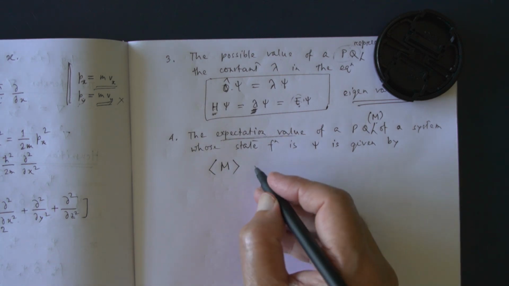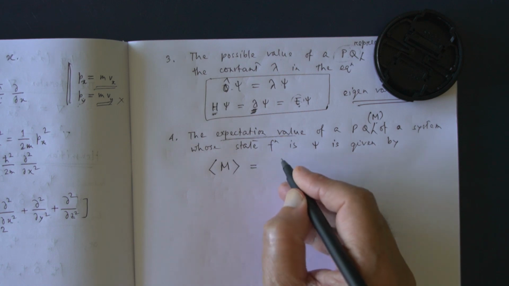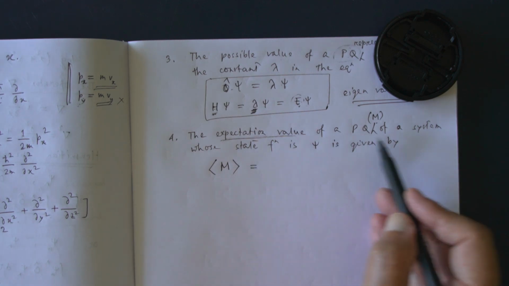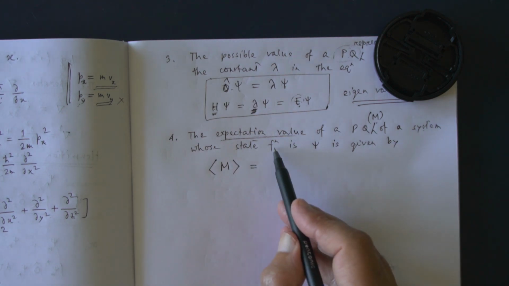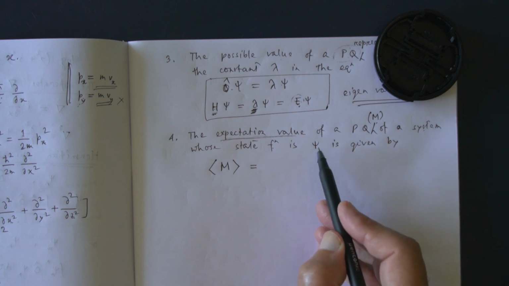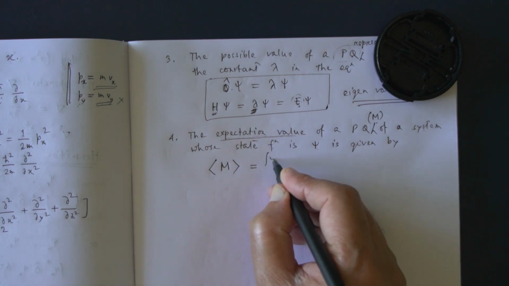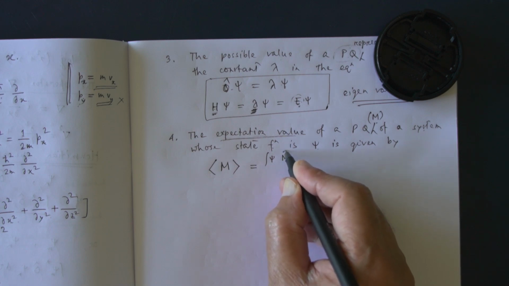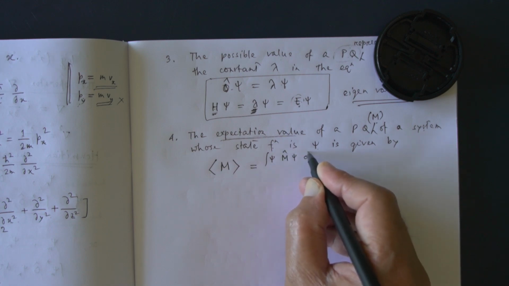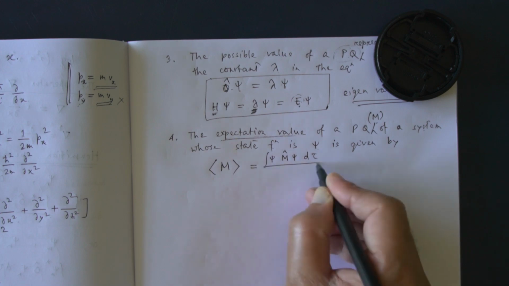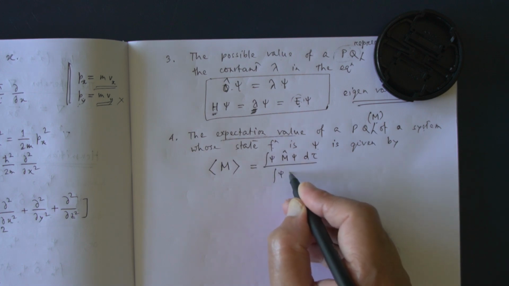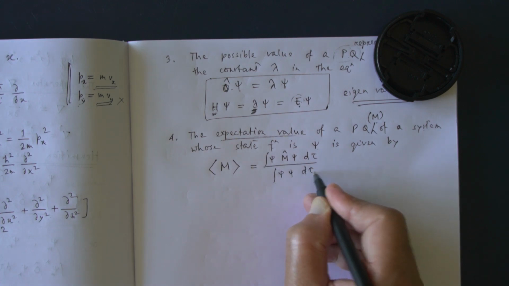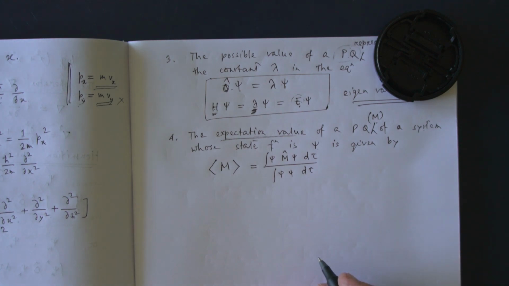Okay, and this is equal to, for the system whose wave function is psi, we write it like this, psi, and this is the operator for the system.